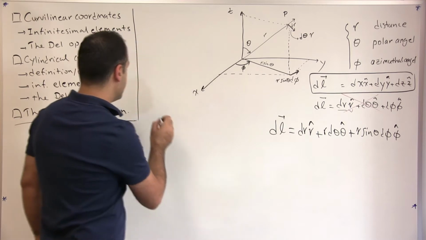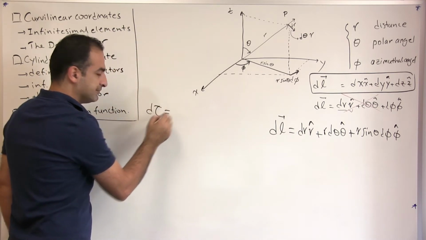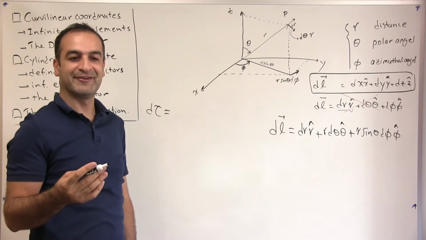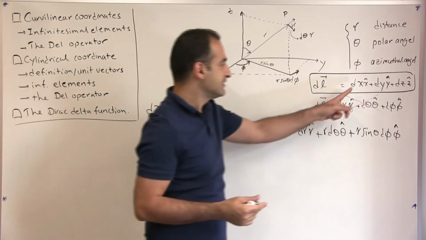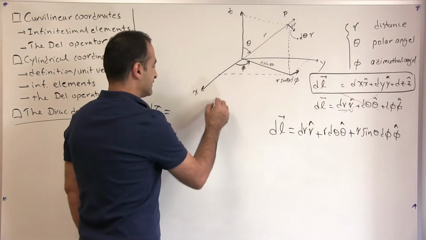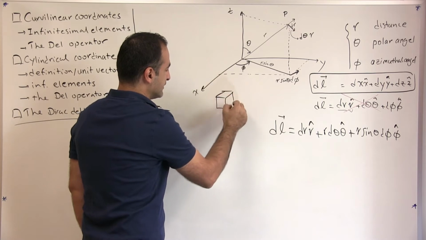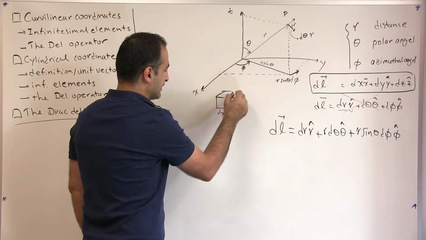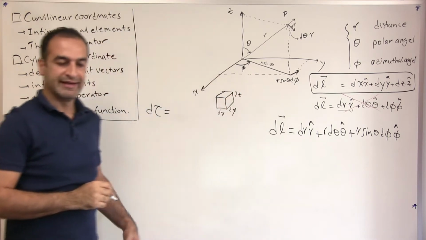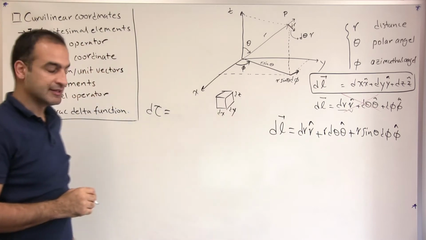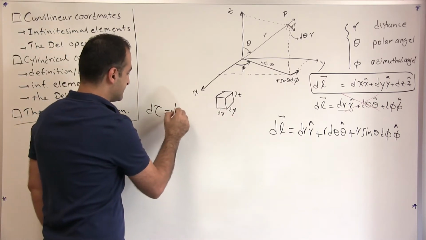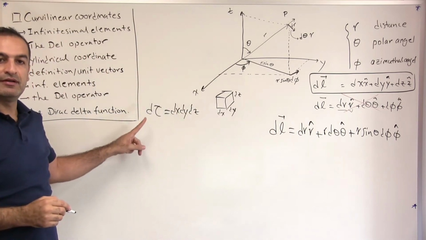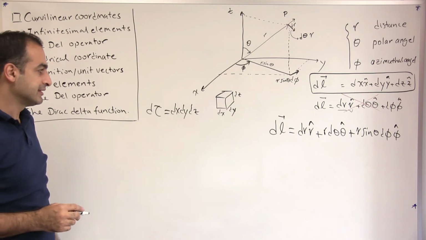Now if you want to write infinitesimal volume using Cartesian coordinates, we consider this as a small cube with the length of each side being dx, dy, and dz, and the volume of such a cube is going to be dx dy dz. This is the infinitesimal volume in Cartesian coordinates.